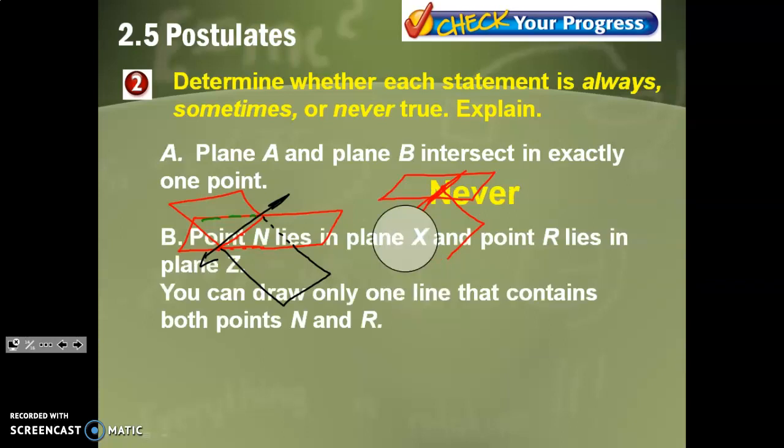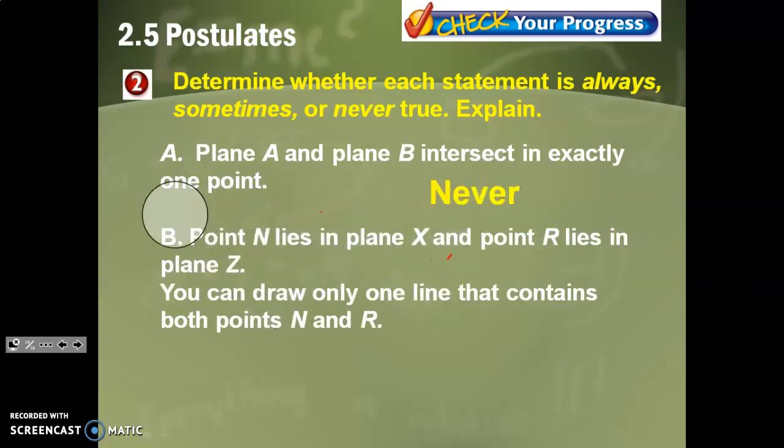Point N lies in plane X and point R lies in plane Z. Can you only draw one line containing both of these points, N and R? This is one of those examples where they're trying to confuse you with plane X and plane Z, when really all we're talking about is two points.